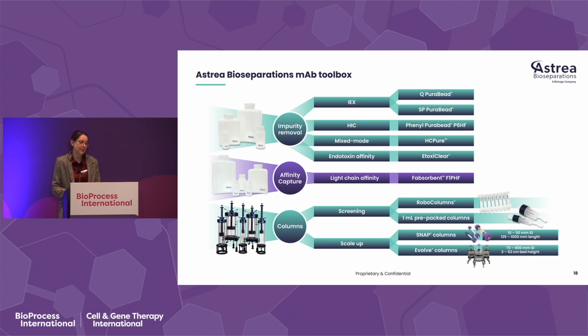HC Pure, as we discussed, is a mixed mode. We also have a Toxiclear, which is an affinity resin for removal of endotoxin. And then we have Fabsorbent, which binds both the kappa and the lambda light chains on antibodies, and then the columns that we've briefly gone through, from the screening to the process size columns.